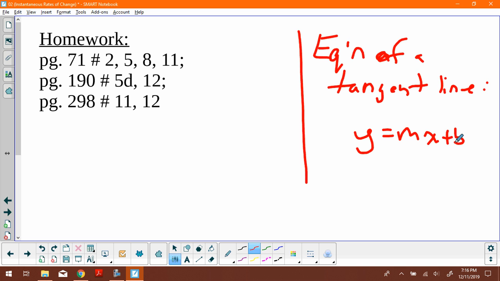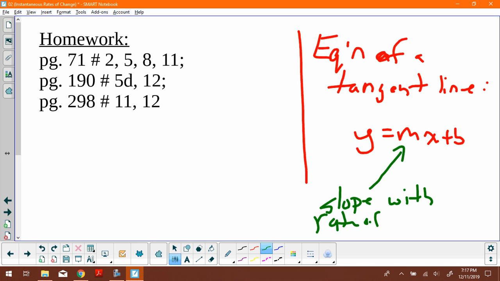You would find your slope by using the rate of change, and then you would find your y-intercept by using the point, your target point, and plugging it in for x and y.